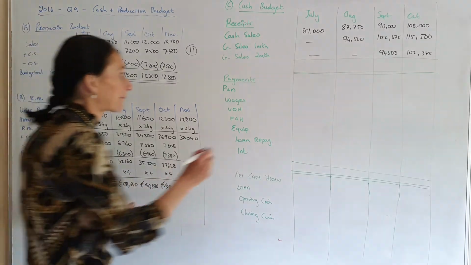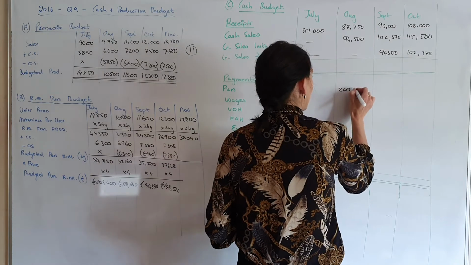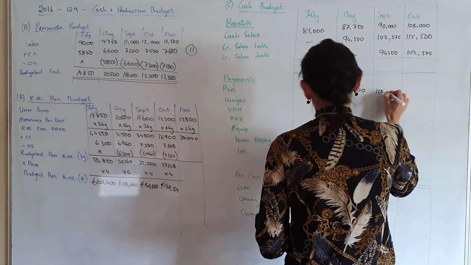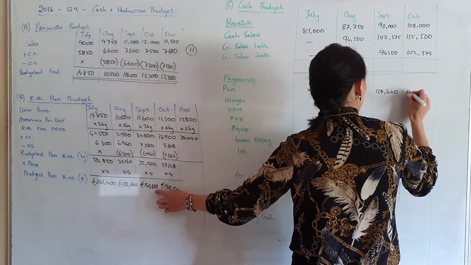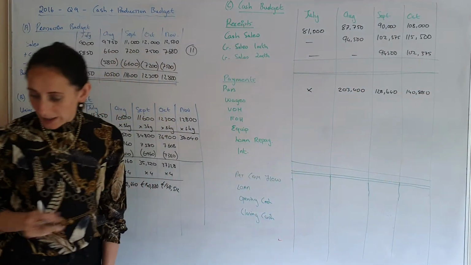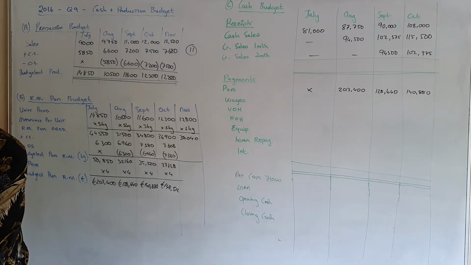So that means that you won't pay for it in July. You'll pay that amount in August. You'll pay this amount in September, and you pay this amount in October.